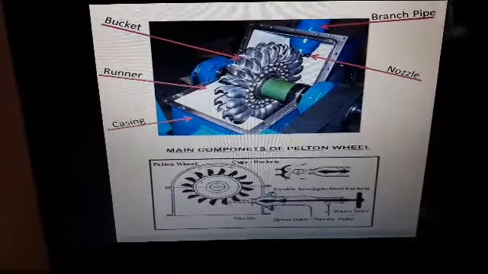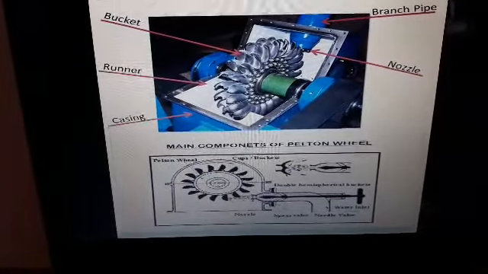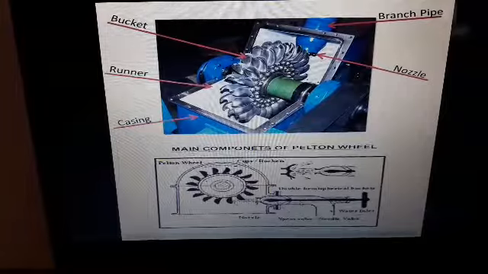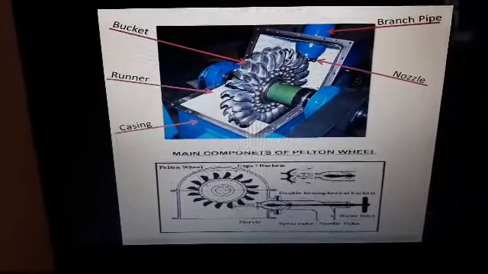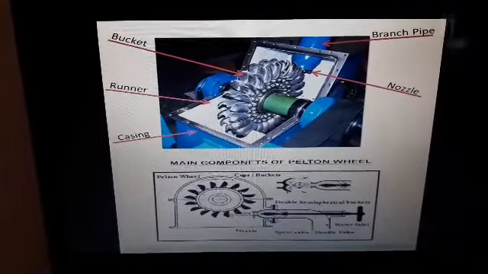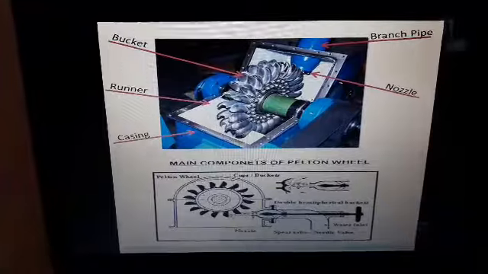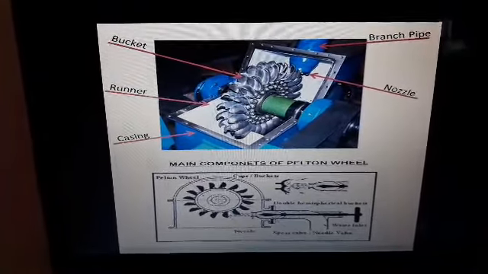This spear is used to regulate the flow of the water in the turbine. Whenever this spear is pushed backward, the supply of the water increases and more water enters the turbine, more water strikes the rotor of the turbine, more force is generated and more power is produced by the turbine.